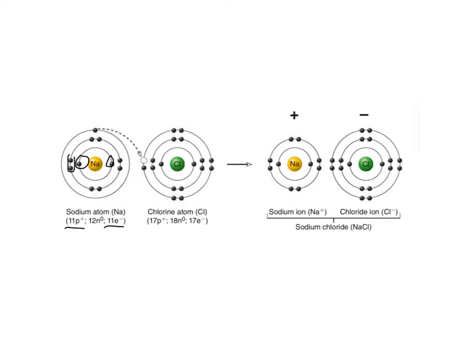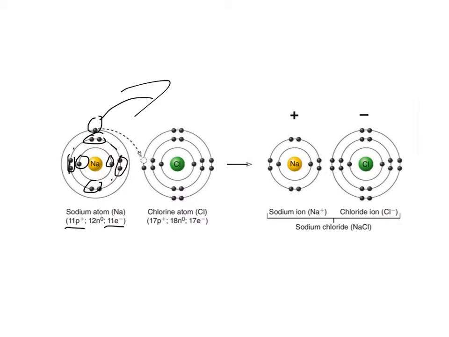It will have 8 electrons in the second energy level, making it 10, and then it has one extra electron in the outermost energy level. But all elements are going to react in order to have 8 in the outermost energy level, which is referred to as valence electrons. Now, sodium really wants to get rid of that one electron. If it gets rid of that one electron, it ends up with 8 on the inner side.